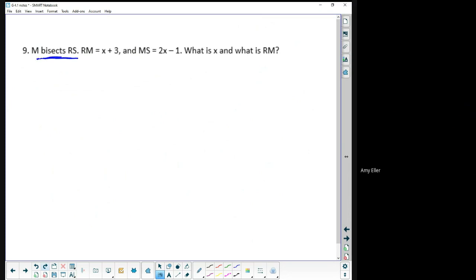M bisects RS. Bisect. Bi means 2, tri means 3. So bisect, write this down. This is a word you'll hear all semester. Bisect: cuts into 2 equal parts. So let me reread it.